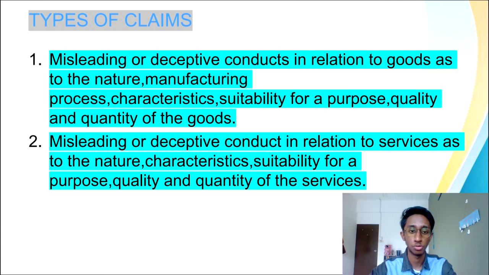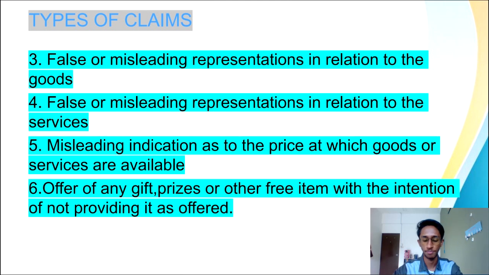Now, we will go to types of claims. Number 1, misleading or deceptive conduct in relation to goods as to the nature, manufacturing process, characteristics, suitability for a purpose, quality and quantity of the goods. Number 2, misleading or deceptive conduct in relation to services as to the nature, characteristics, suitability for a purpose, quality and quantity of the services.